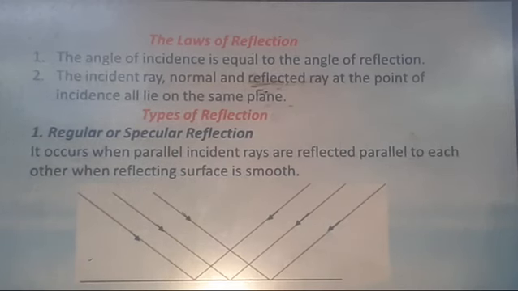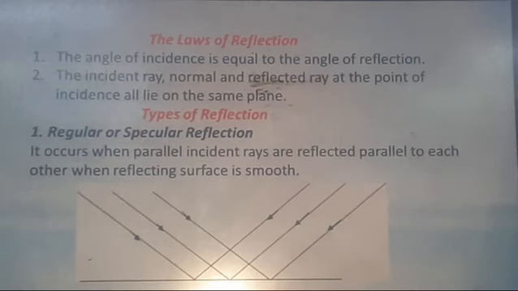Therefore, we move to the laws of reflection. The laws of reflection were grouped in two. First law of reflection: the angle of incidence is equal to the angle of reflection. The incident ray, normal ray, and the reflected ray at the point of incidence all lie on the same plane.